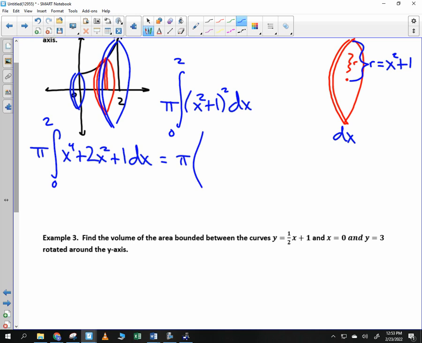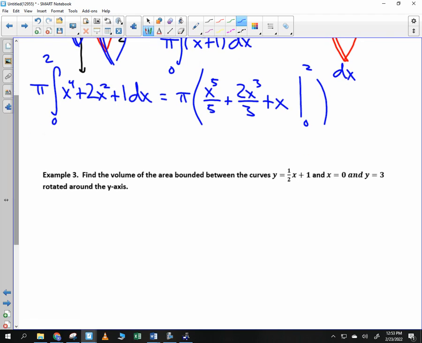So now we take the antiderivative, which will be x to the fifth over 5 plus 2x cubed over 3 plus x evaluated at 0 and 2. We all good with that?